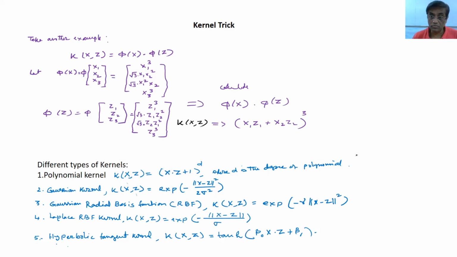Now, which kernel to use, of course, we will have to decide. It depends on the problem, on your understanding of your problem, that I have non-linearly separable samples. So from the trick, you know that you have some standard kernels, and they will do your job. Believe me, they will.